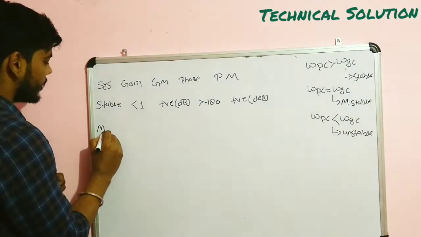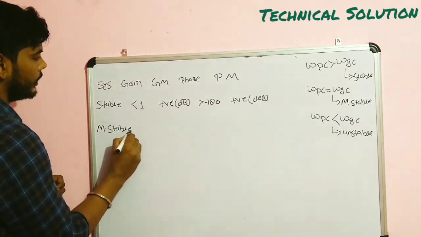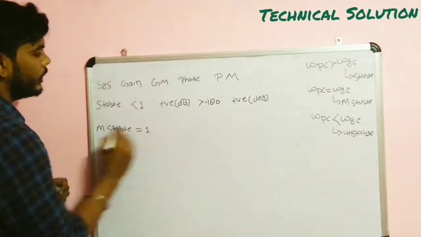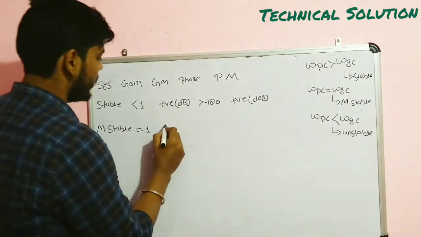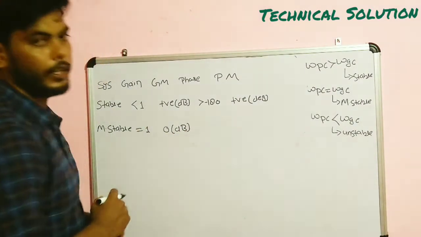For a marginally stable system, the gain is equal to 1 and the gain margin is 0 dB.